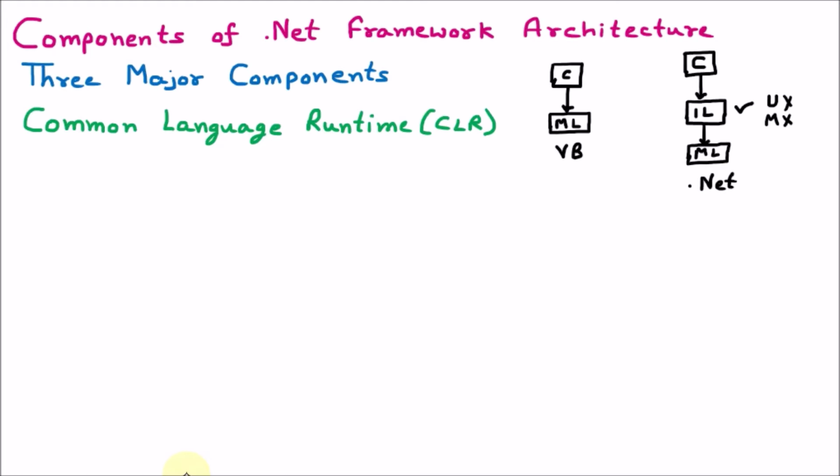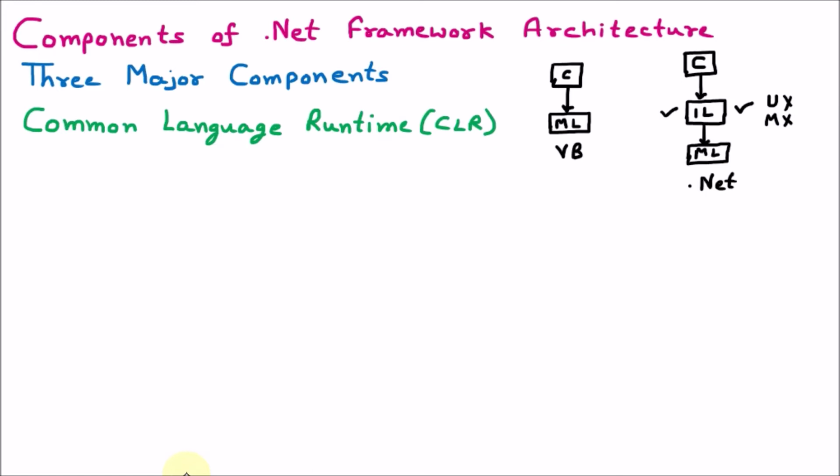Just like in Java, if we have the code, the code is compiled to the bytecode. Here in .NET we have intermediate language, and in Java we have the bytecode. To run the intermediate language, we need a CLR, and in Java, to run the bytecode we need the JVM.